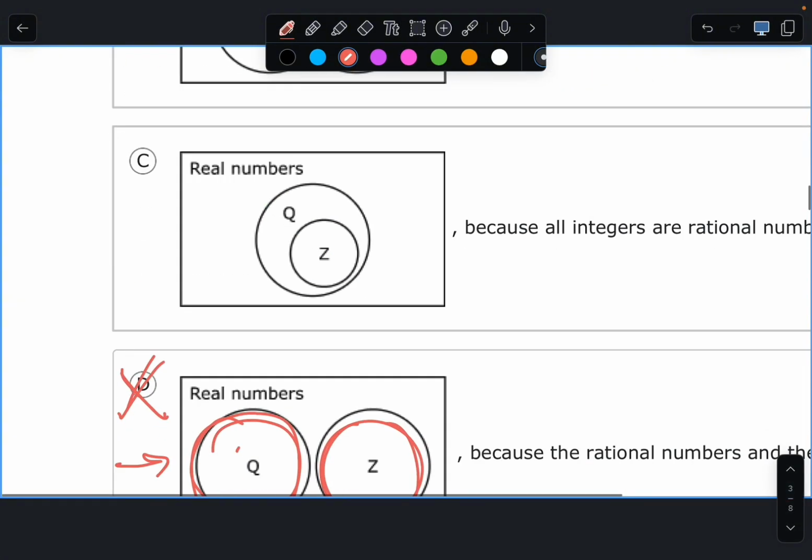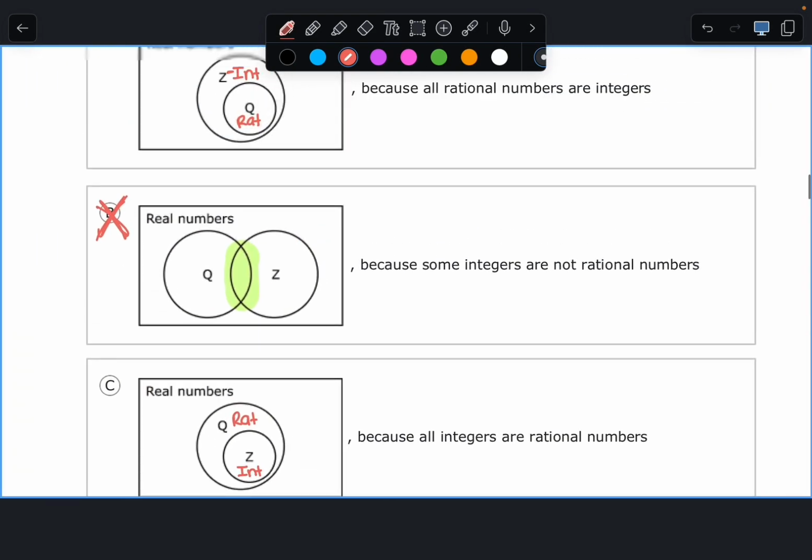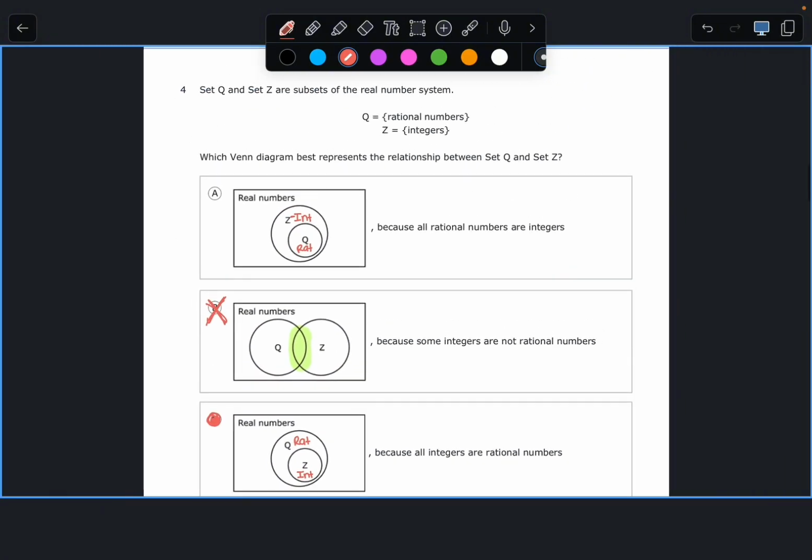And then look at C. Q represents rational, Z represents integers. Which one is drawn correctly? C. We eliminated B a long time ago. B was the first one we eliminated. Why are y'all saying B?